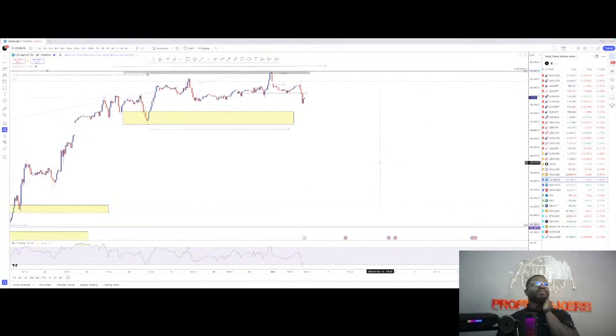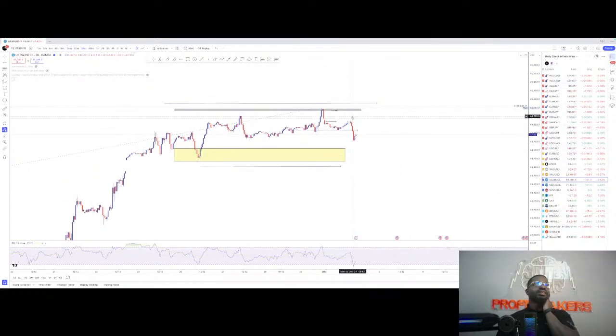With these indices running like this, these things running like this, we're just gonna set alerts and stay out of the way.